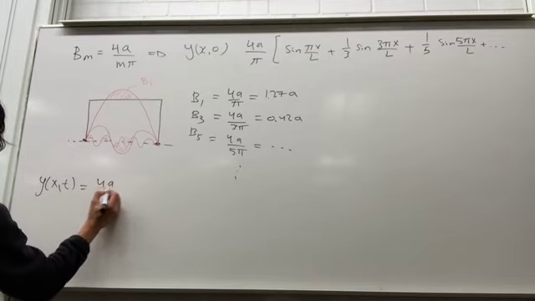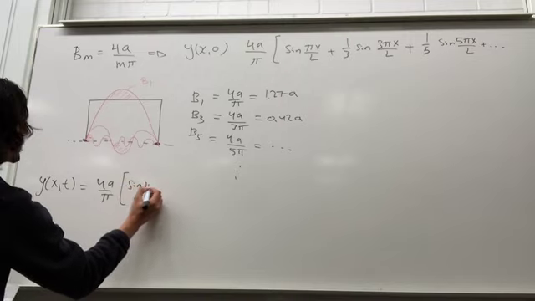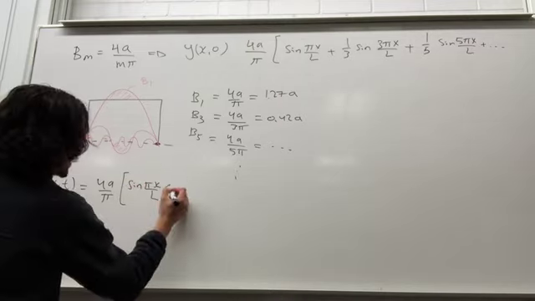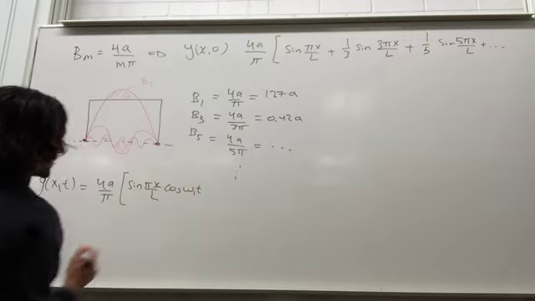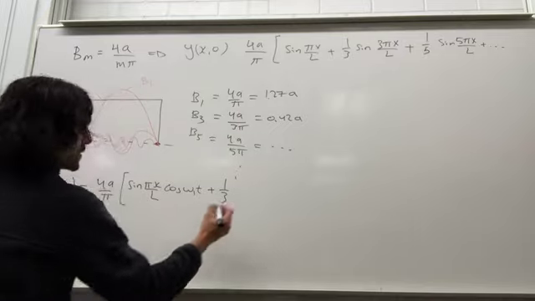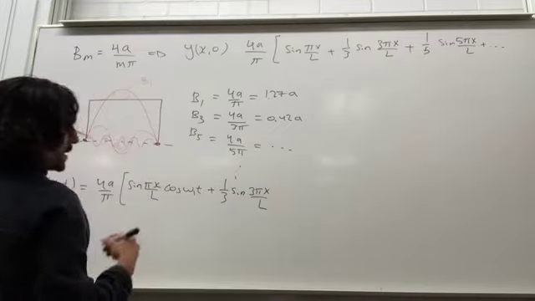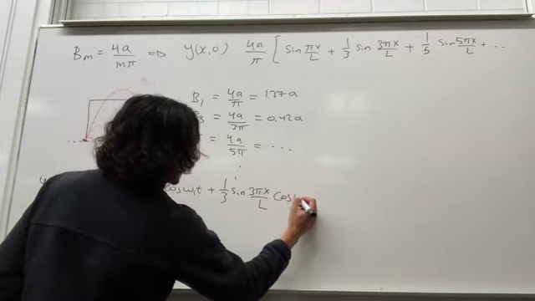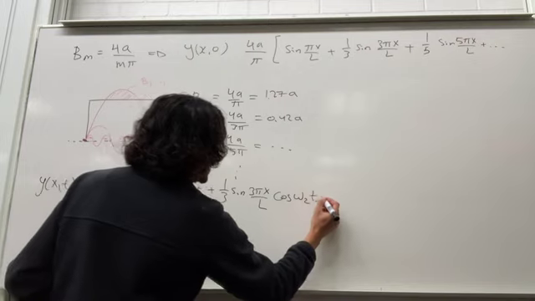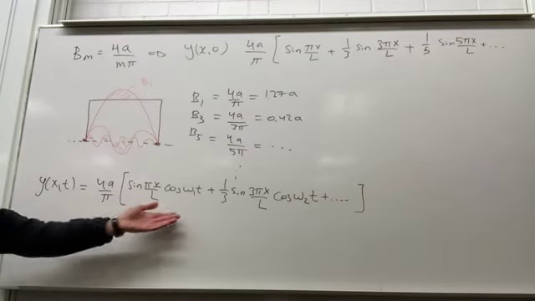It's 4a over pi times sine pi x over L, but there's a cosine omega 1 t, and 1/3 sine 3 pi x over L, again times cosine omega 2 t, and so on. And now I can describe the motion.